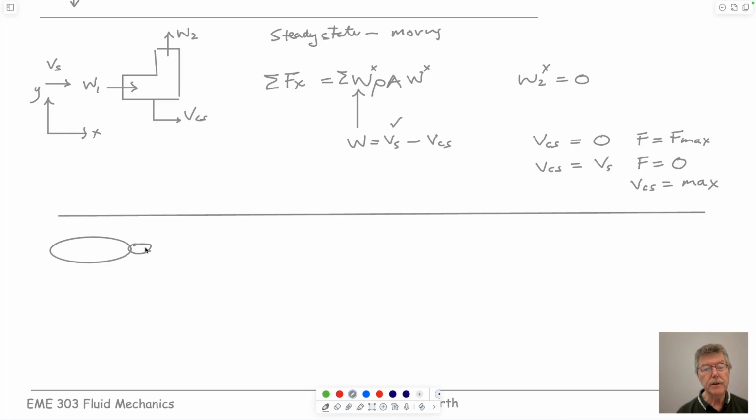And for that, we had a velocity W1, a W2 I guess it was actually, and it would be in the x direction. And the sum of forces in the x direction are equal to the sum of W plus VCS. And this is the one case where we have to use this full term because it's non-steady state.